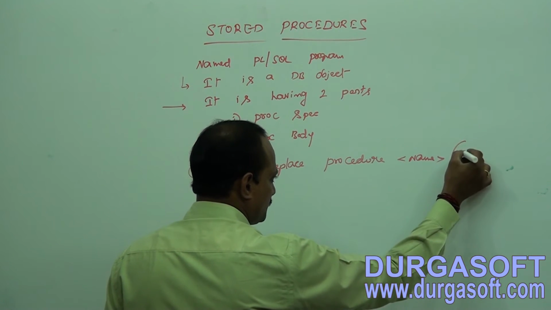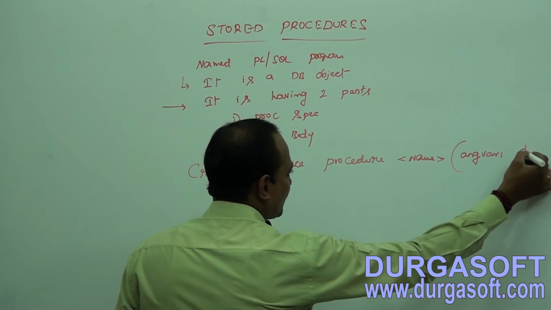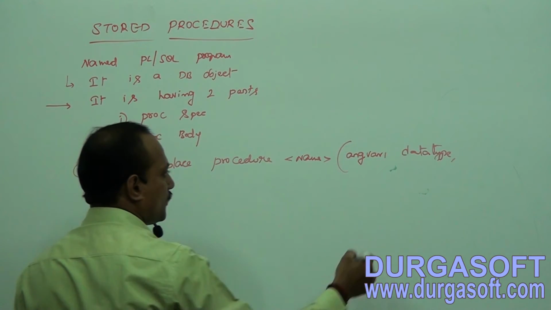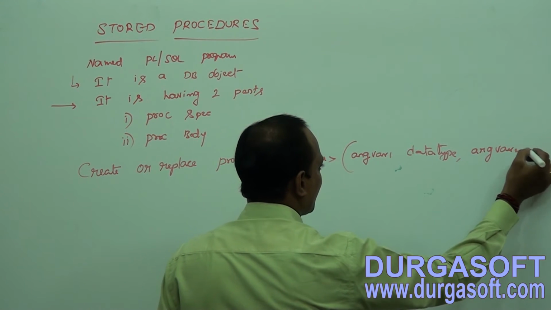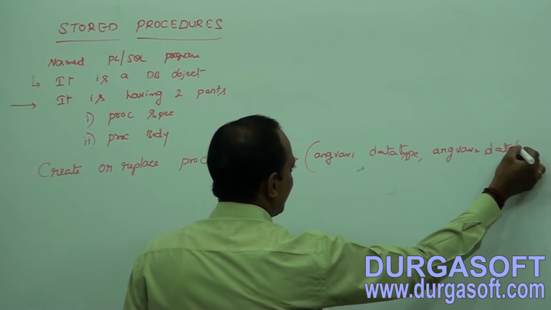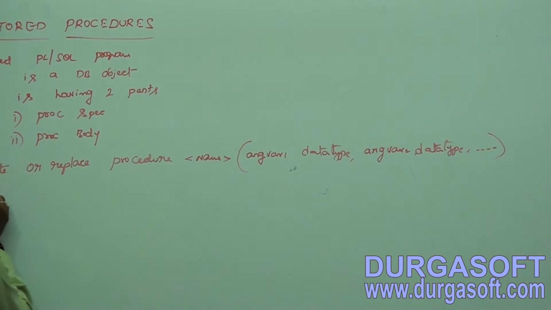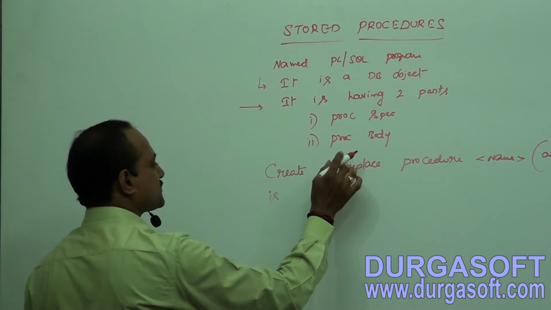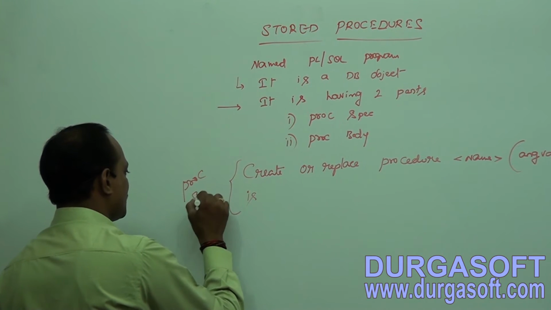Optionally, it maintains arguments: argument variable 1 and its data type, argument variable 2 and its data type, and so on. This part is known as the procedure spec.